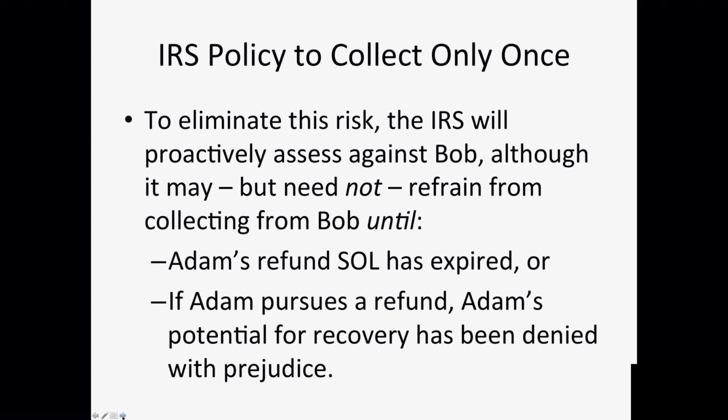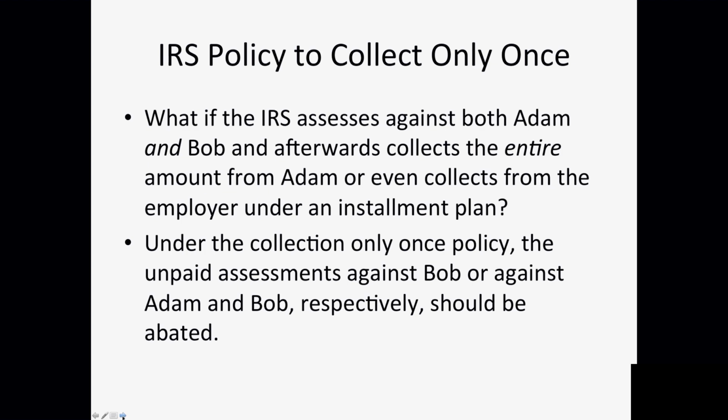So to eliminate this risk, the IRS will proactively assess against Bob, although it may but need not refrain from collecting from Bob until Adam's refund statute of limitations has expired, or if Adam pursues a refund, Adam's potential for recovery has been denied with prejudice.